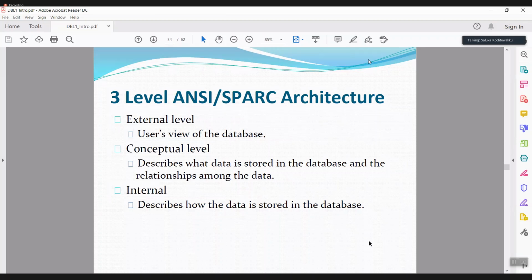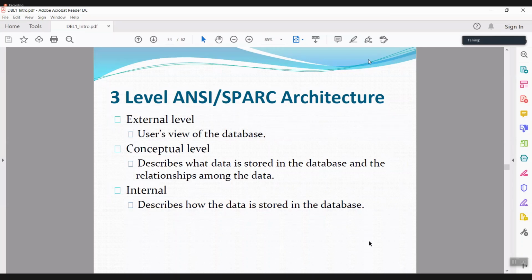And then there is a user view on our concept, but that concept is not sufficient for management of the data. For data management, the data need to be stored on electronic media. Then the internal level represents the actual electronic media where the data representing the database logic is stored, plus how such stored data can be accessed.